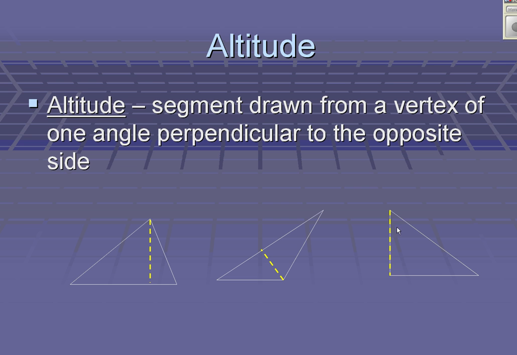And if you notice here on a right triangle, one of the legs can be an altitude because we're talking about how tall it is from the base to the top. Now with this obtuse triangle, we could still draw one from this vertex to this side by extending the side and then drawing the vertex straight down.